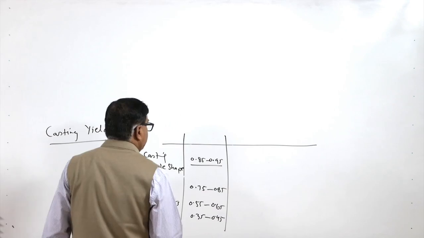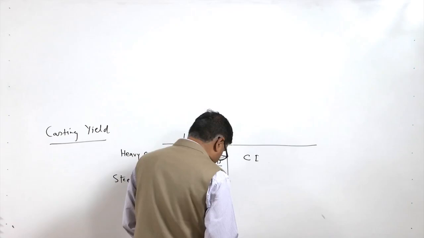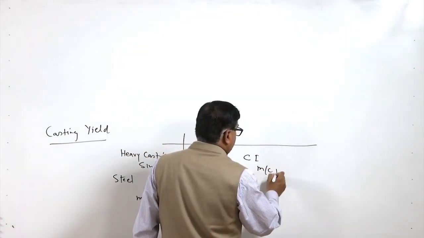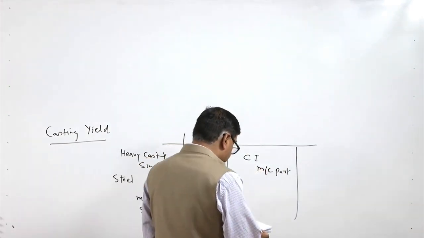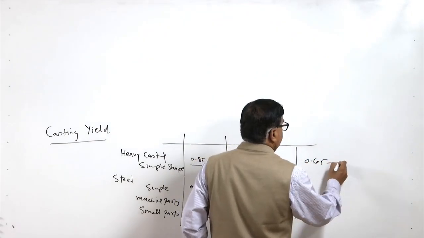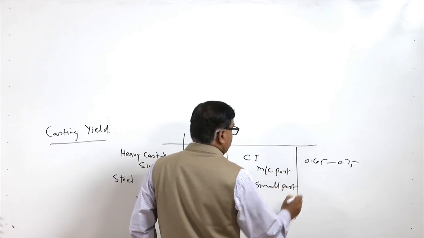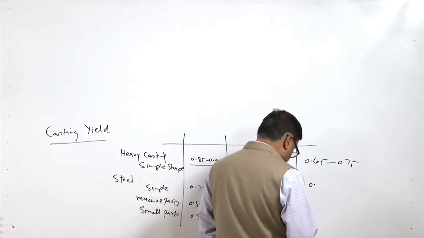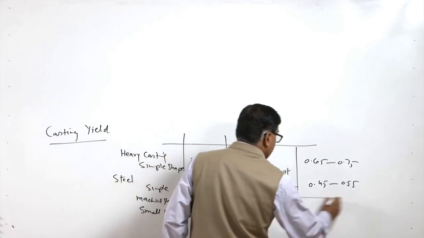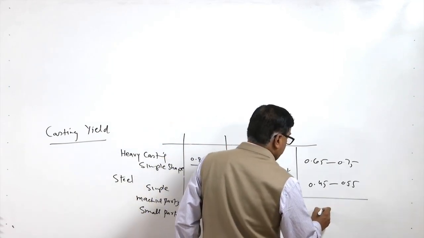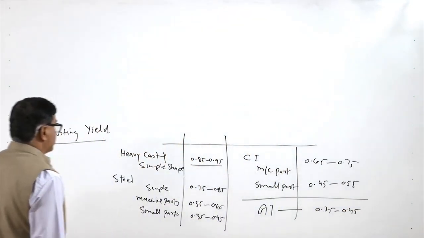If we consider the cast iron, in the same way for heavy machine parts, the yield is found in the range of 0.65 to 0.75, while for the small parts the yield is found in the range of 0.45 to 0.55, while in case of the aluminum the yield is found quite low, 0.25 to 0.45, depending upon the size and the complexity of the casting.